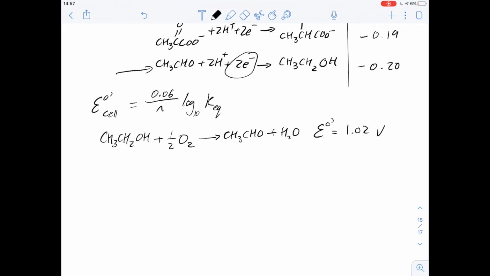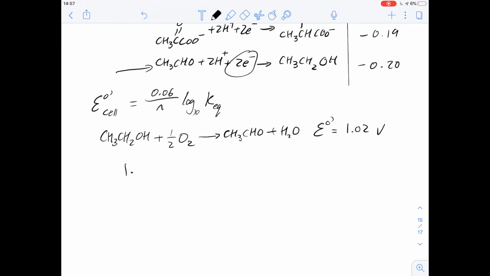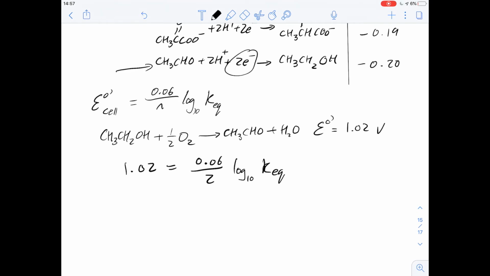So we can start plugging in our numbers and see where we get. We know that the value for the E cell is going to be 1.02. And this can be 0.06 over 2 moles of electrons, which is moved, multiplied by log to the base 10 of our value of Q that we're trying to find. Okay, well then we can try and simplify this. We can multiply both sides by 2 and we get 2.04.